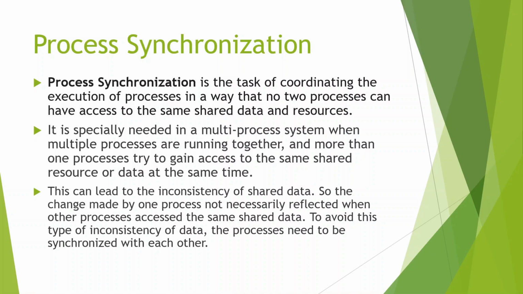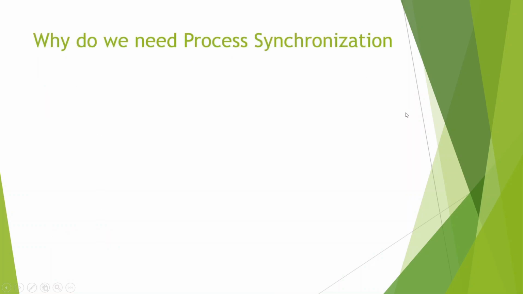The change made by one process does not necessarily get reflected when another process accesses the same shared data. To avoid this type of inconsistency, the processes need to be synchronized with each other. Now, I will explain why we need process synchronization with a basic example.